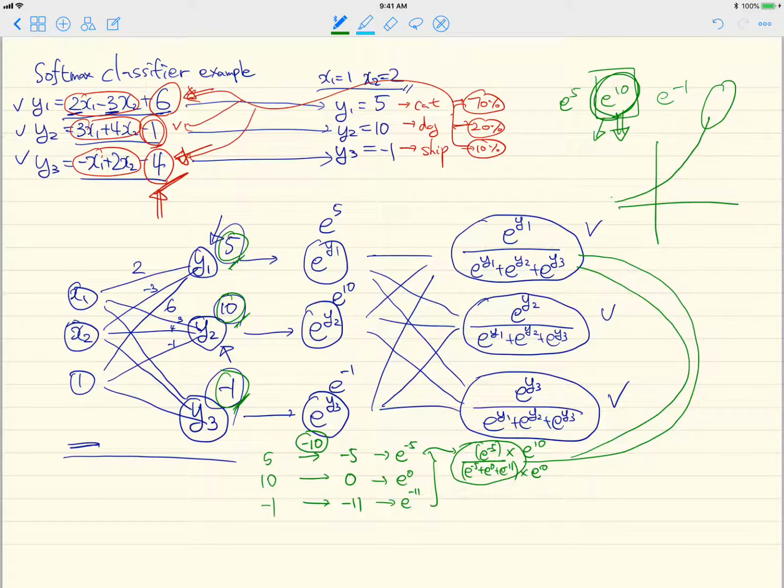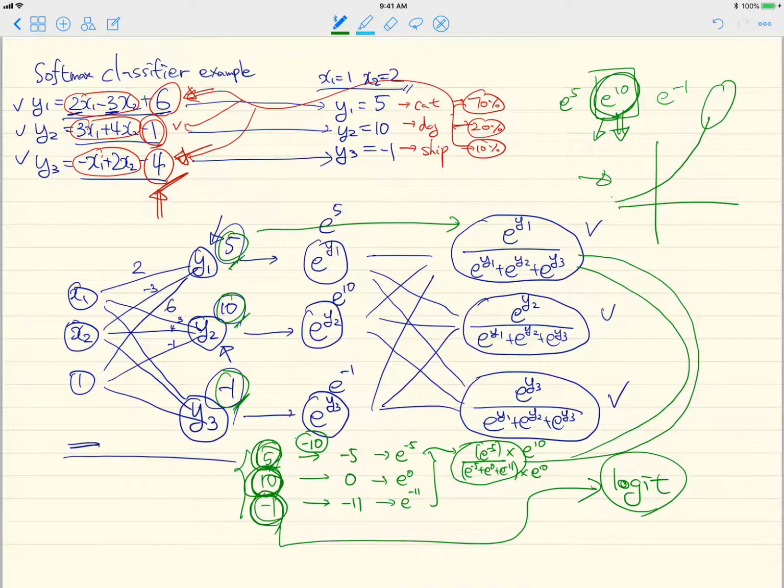Also, one little notation. The input to the softmax is called the logit. So 5, 10, and negative 1 will be the input to the softmax, which will go through this process, and those values will be called the logit.